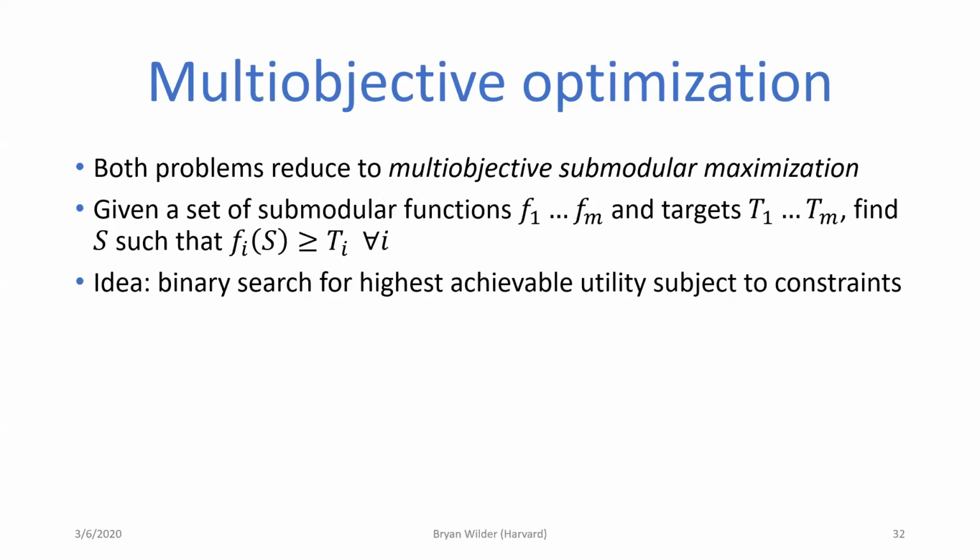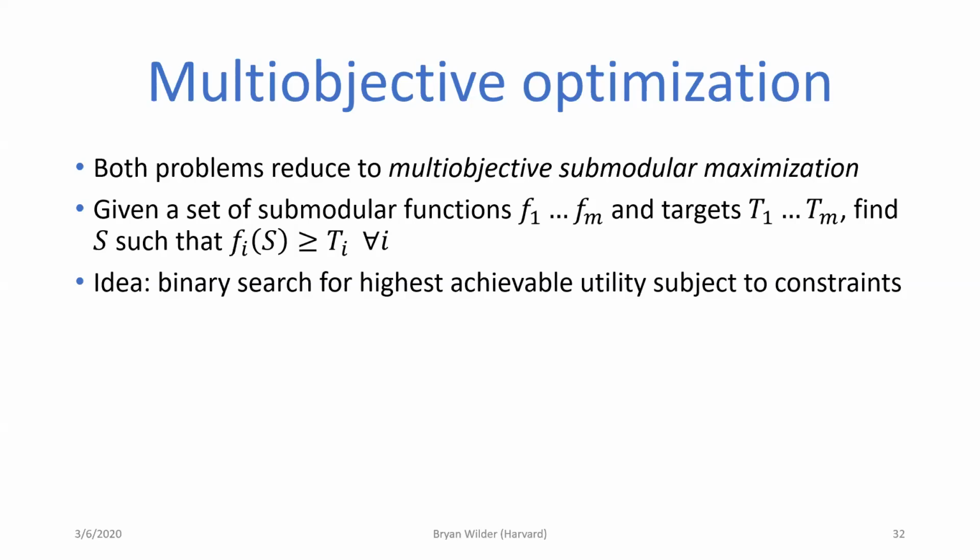So the general multi-objective problem is that I give you a set of submodular functions, f1 through fm, and then a set of target values, t1 through tm, for each of those functions. And now I'd like you to find a seed set such that every function achieves at least that target value simultaneously. I think it should be fairly intuitive that these map pretty directly onto the problem formulations that I showed you earlier.